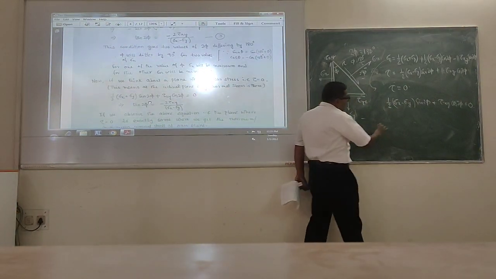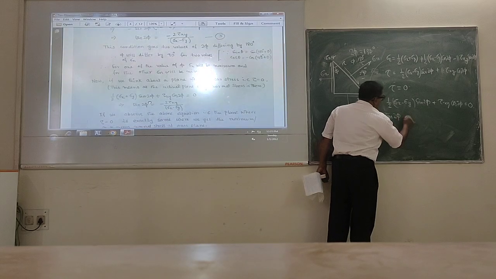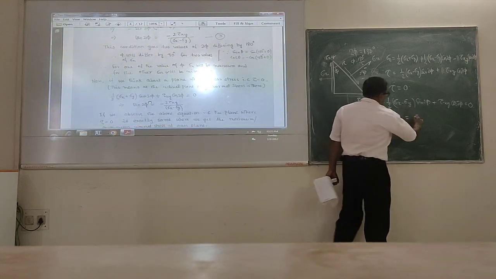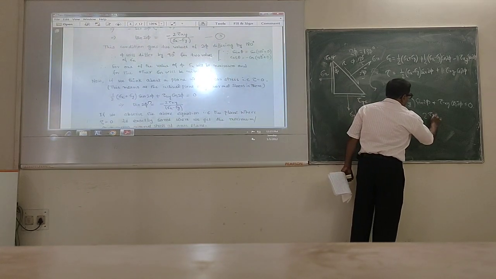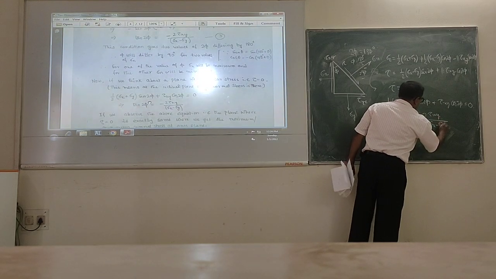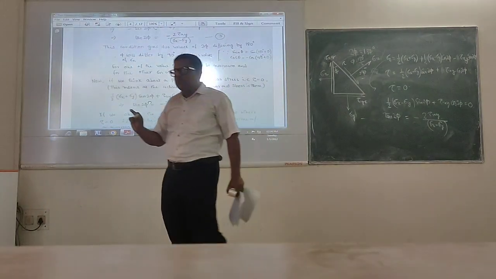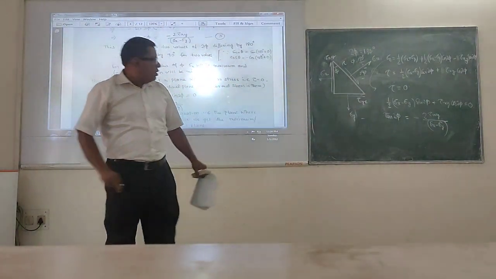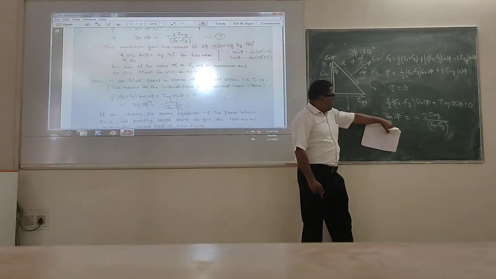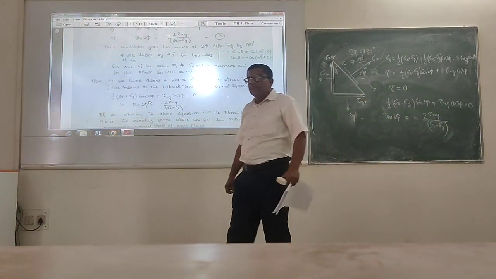So from this equation again you find that tan 2 phi will be equal to minus twice tau xy by sigma x minus sigma y, isn't it? Have you understood? Is it clear?